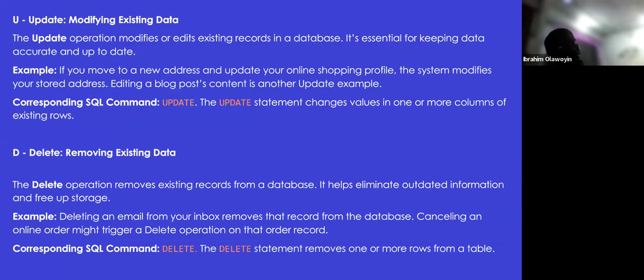Next to create and read is update. Expectedly, we should have an approach whereby we would need to update our existing records in a database. It's essential for keeping data accurate and up to date. So let's say you are an employee in an organization and you have your phone number.